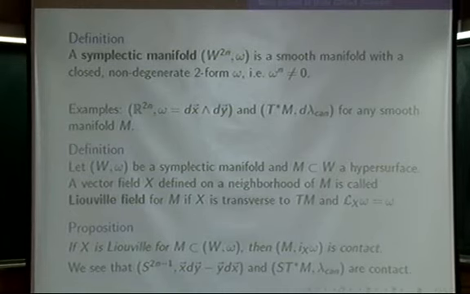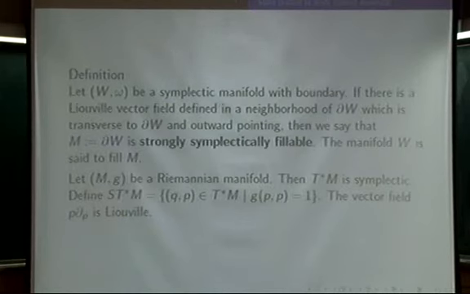And so now I want to go to, well, okay, this gives me the definition of fillability. If I have a symplectic manifold, say compact, with boundary, and if there's a Liouville vector field pointing outward and transverse to the boundary, then you call this symplectic manifold a filling for the boundary.